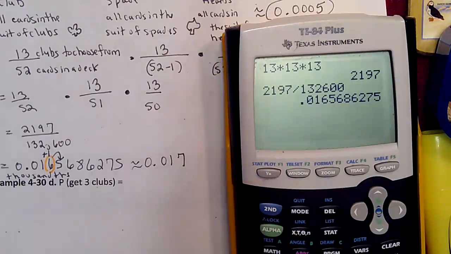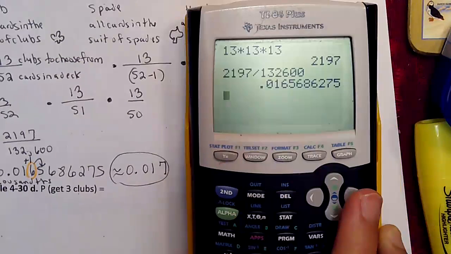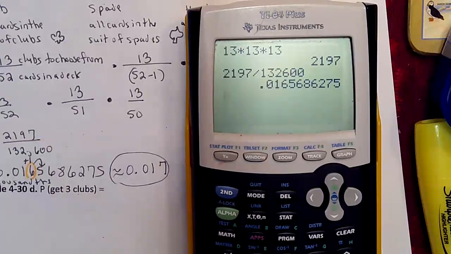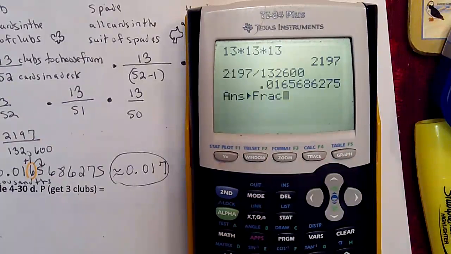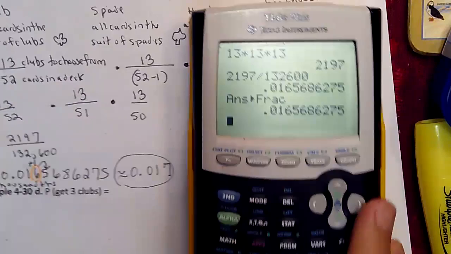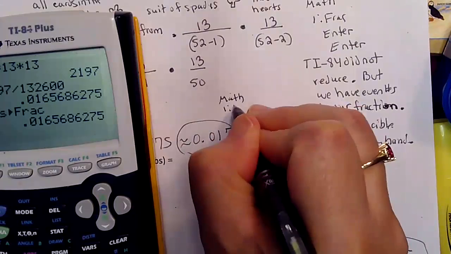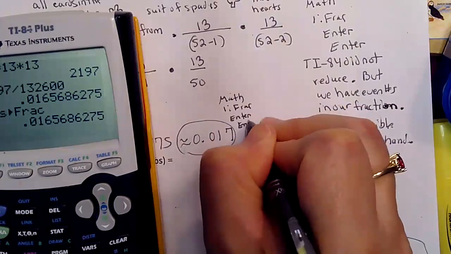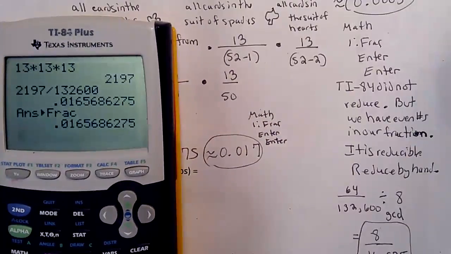Okay. And then as far as the fraction in lowest terms, this is not an even number. But let's see if that can be reduced. So now I just hit math, frac, enter, enter. And nope, it gives me back that same value.